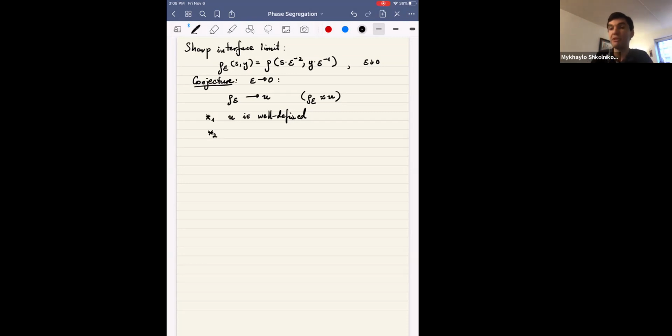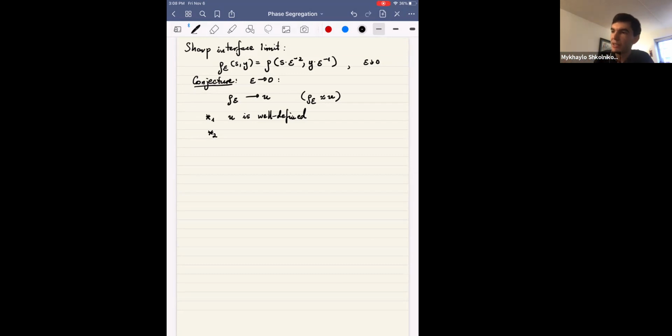And if you want to make the conjecture precise, you better have a unique limit U that you will put into this conjecture. So that's the first mathematical obstacle to making this precise.